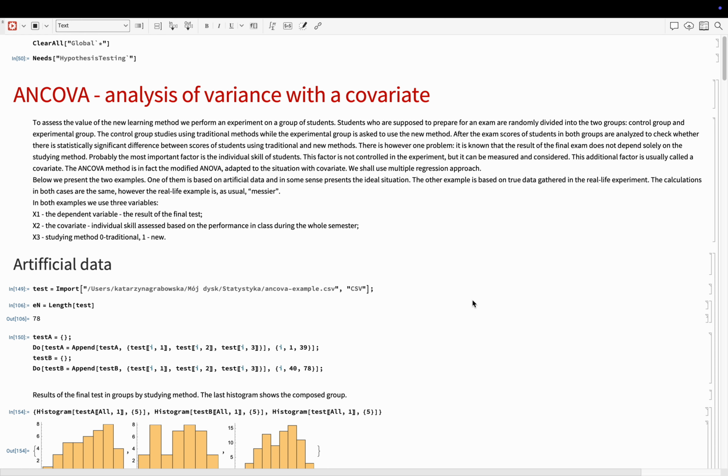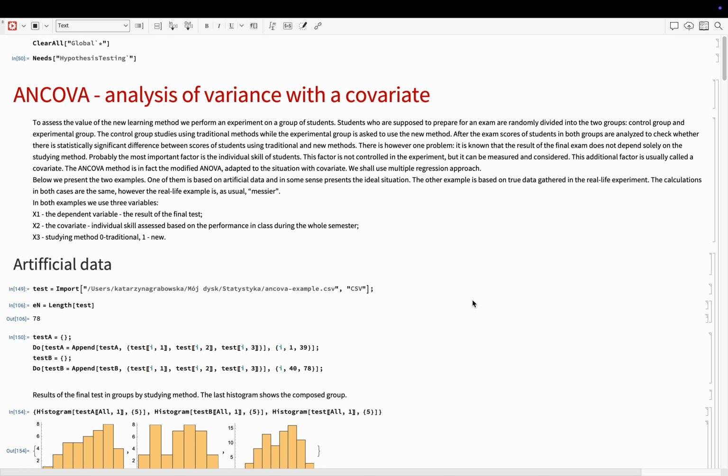So how can we take this into account? We can construct a variable that somehow measures this, and in our case the variable that measures individual skill of students will be based on their performance in class.